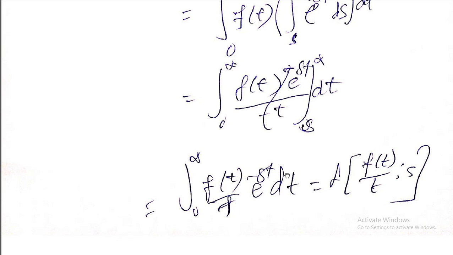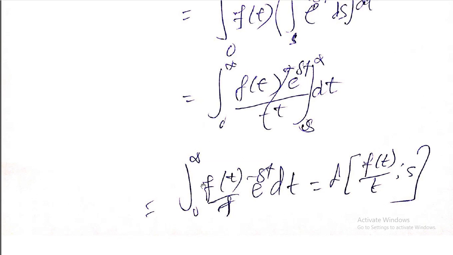Okay, so now this integral has been solved, and now we have to solve the last integral, 0 to infinity f of t, e to the power minus st dt, which is nothing but the definition of the Laplace transform.